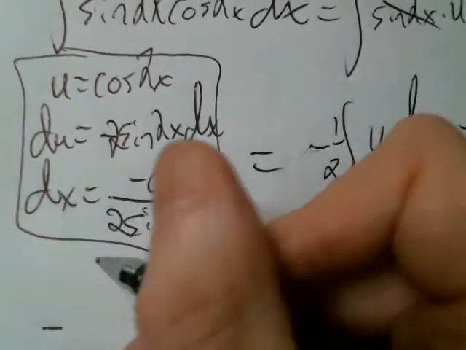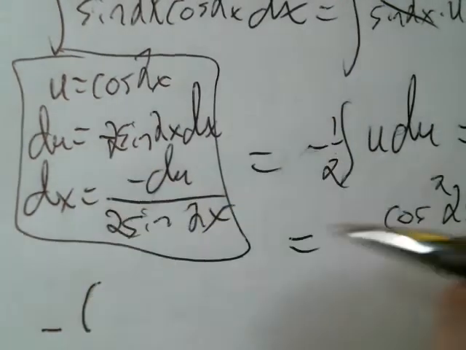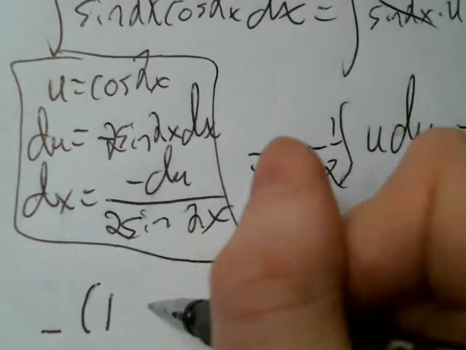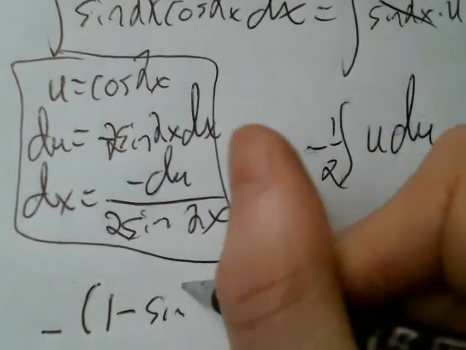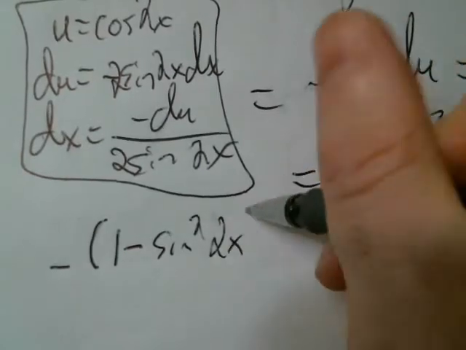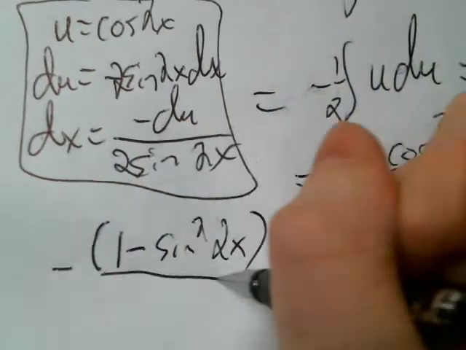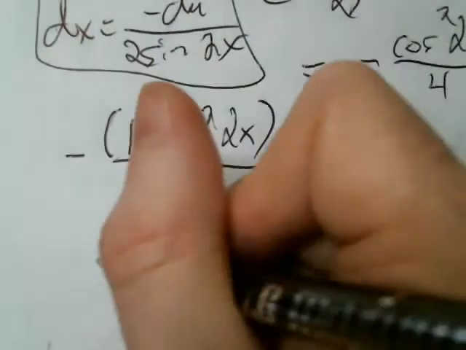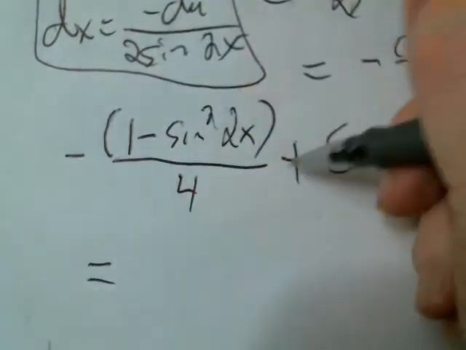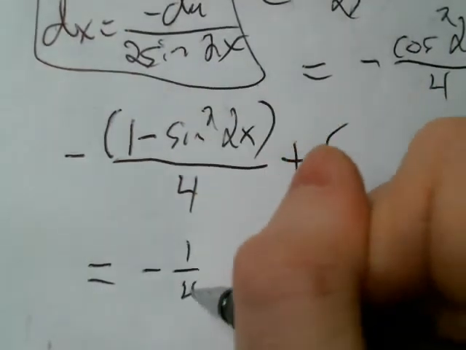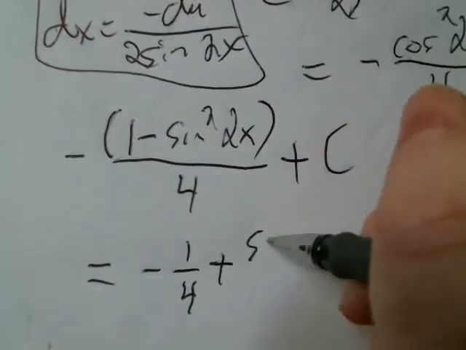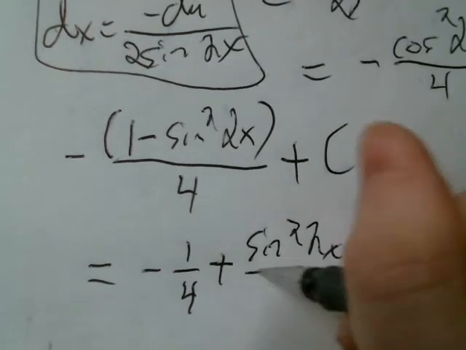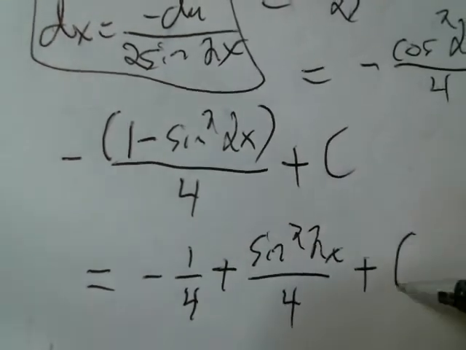So negative cosine squared, we can use a Pythagorean identity on that. So that would be 1 minus sine squared 2x all over 4 plus c, and then you would have, if you butterflied it, negative 1/4 plus sine squared 2x all over 4 plus c.